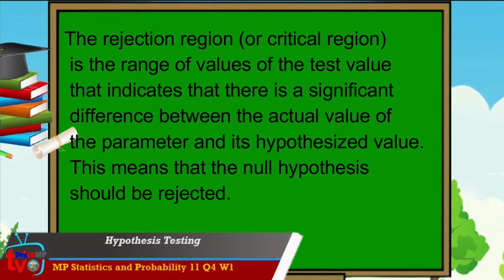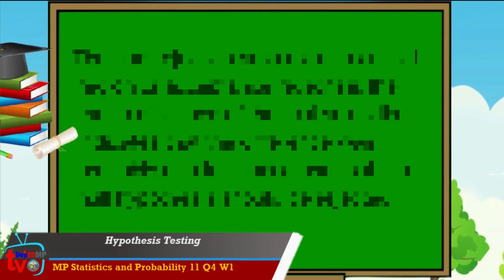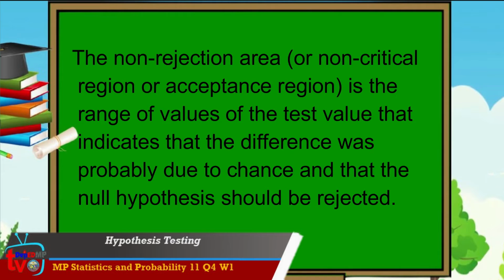This means that the null hypothesis should be rejected. The non-rejection area or non-critical region or acceptance region is the range of values of the test value that indicates that the difference was probably due to chance and that the null hypothesis should not be rejected.